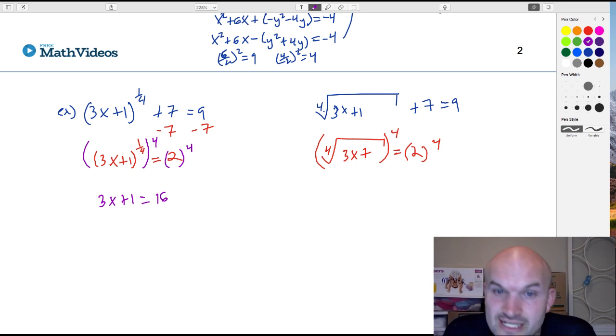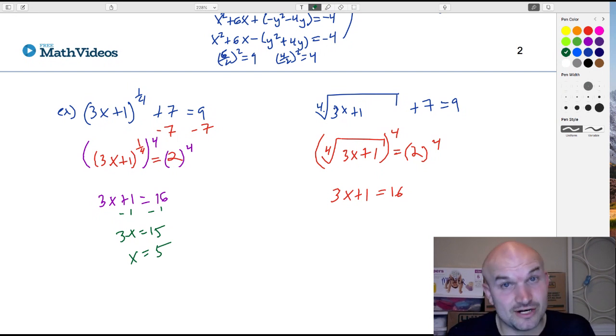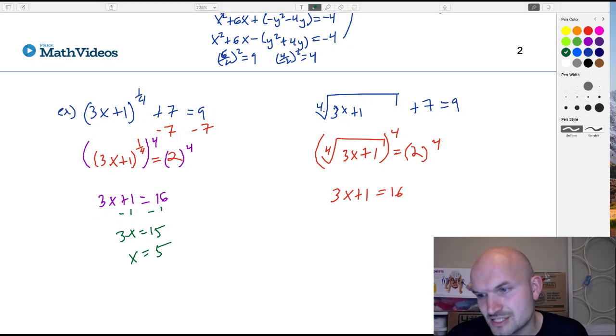You can also just think about the inverse operations: the fourth root of something to the fourth power is just going to leave you with 3x plus 1 is equal to 16. Either way, you can subtract the 1 from both sides, and you get 3x is equal to 15, so x is equal to 5. There you go. Hopefully that helps you.